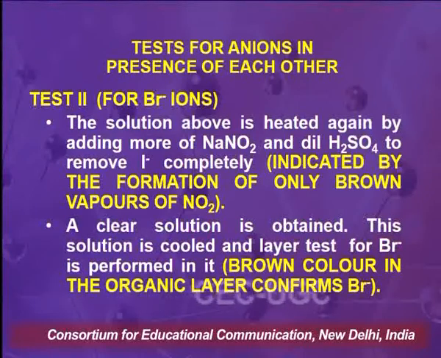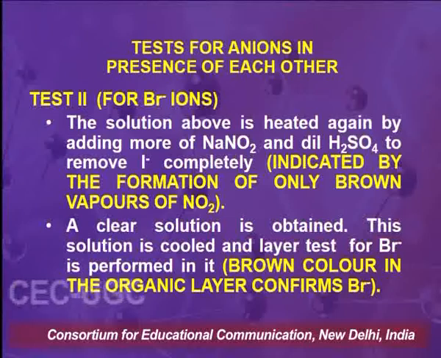This is indicated by the formation of only brown vapors of NO2. The violet vapors of iodine will cease to come, and only brown vapors of NO2 will be observed, which indicates that iodide has been completely decomposed to iodine and removed from the solution. After that, a clear solution is obtained.